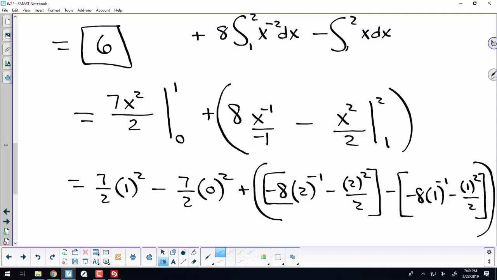You do want to make sure that you're keeping things together, because we have to take the upper limit and subtract off the entire lower limit. Especially if you have multiple terms in there, it's really easy to forget a negative sign or something like that. So once we compute all of that, you should come up with 6.